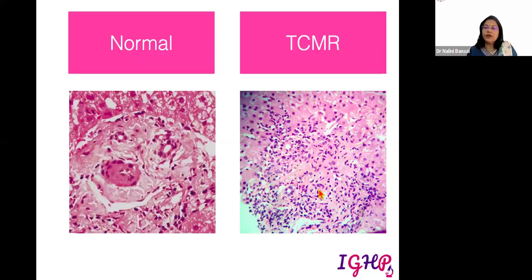Cells which are larger in size we would consider to be slightly enlarged, and there could be some blast cells also. In addition, the infiltrate could largely be confined to the portal area. We'll come to the grading of this infiltrate later on.